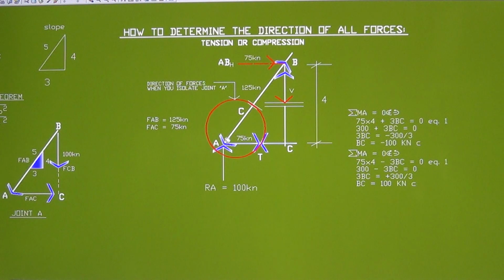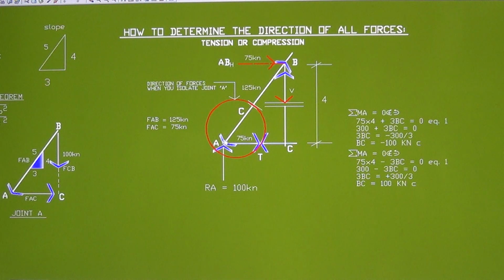What is going down is compression, and the tension is going away. Tension is the presentation of the force when it's a tension. The direction of the arrow should be away from the joint, and the compression is towards the joint.